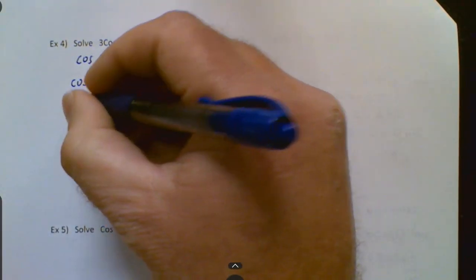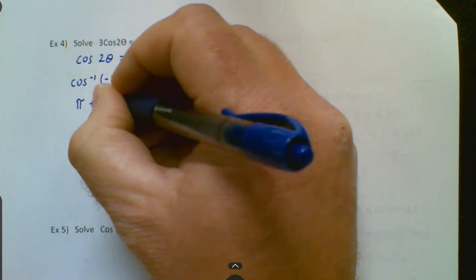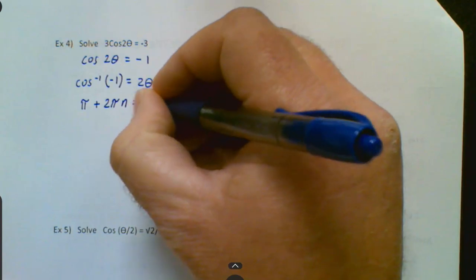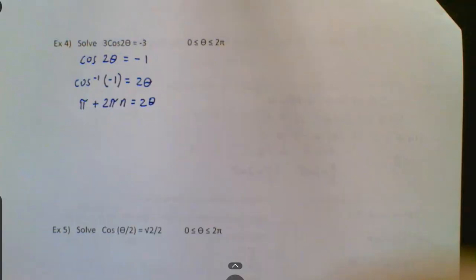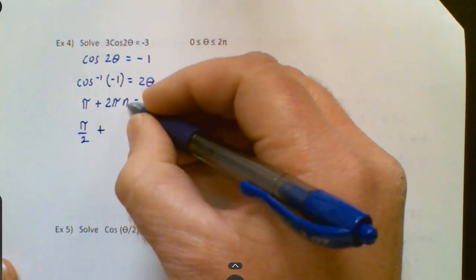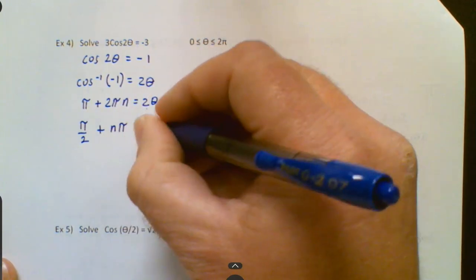That would be at pi plus 2 pi n, or 2n pi, either way, doesn't matter. So we get this. Keep going. We have to divide everything by 2. So pi over 2 plus, this would just become n pi. So there's our infinite solution set.